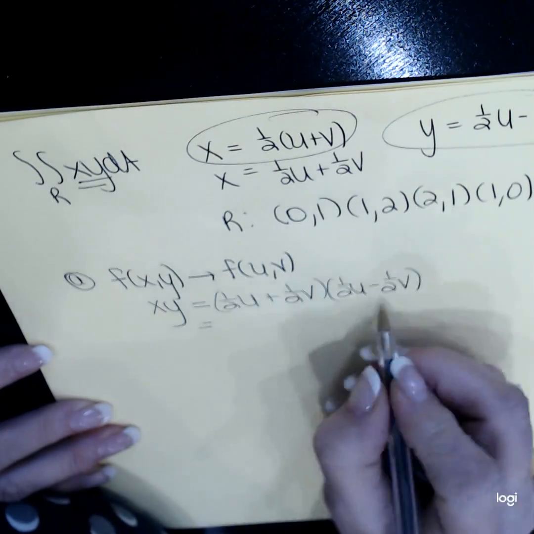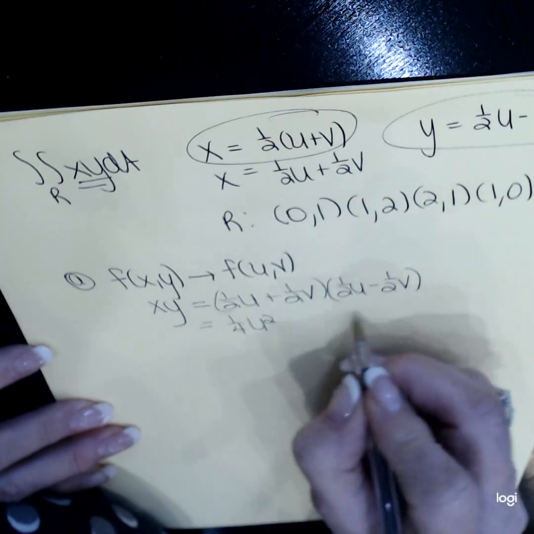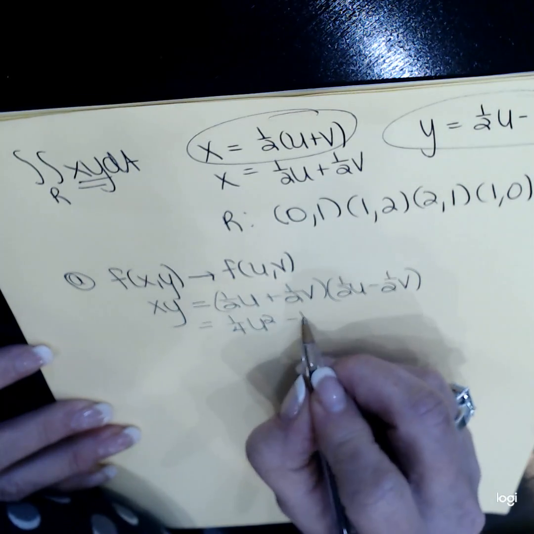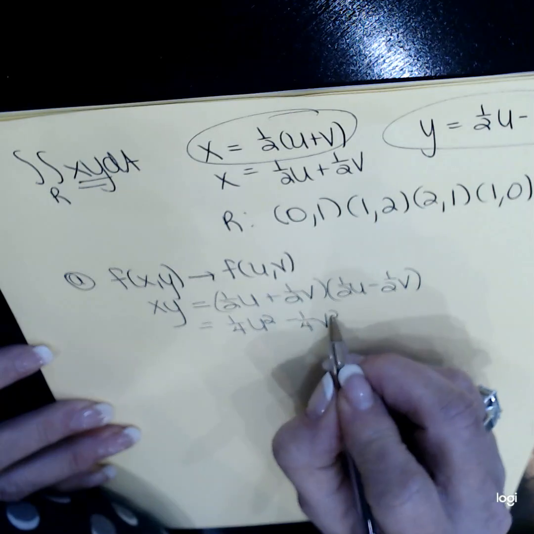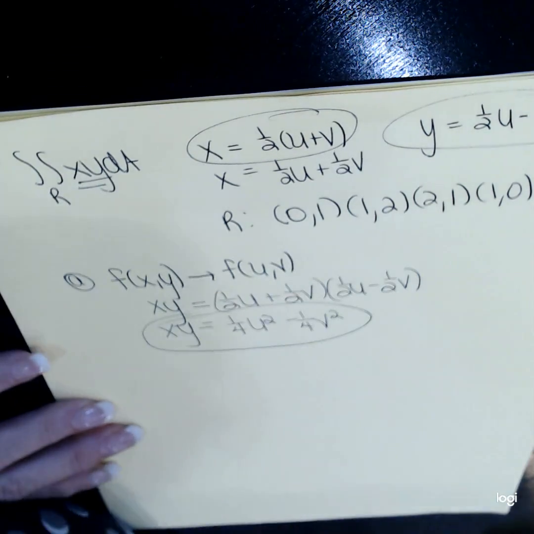So when I multiply this together, I'm going to get 1/4 u squared, the outer and the inner go away, minus 1/4 v squared. So this then is my new function.